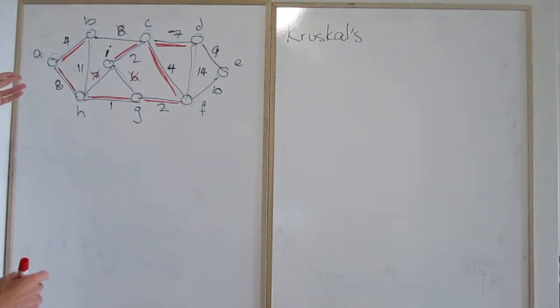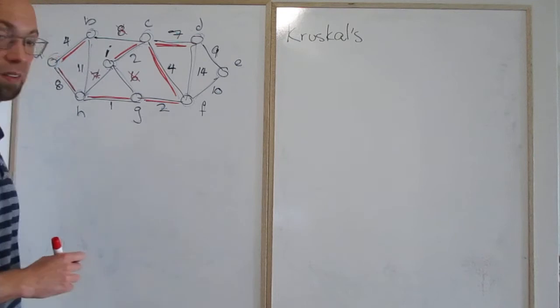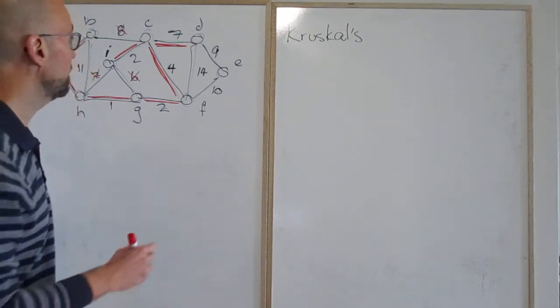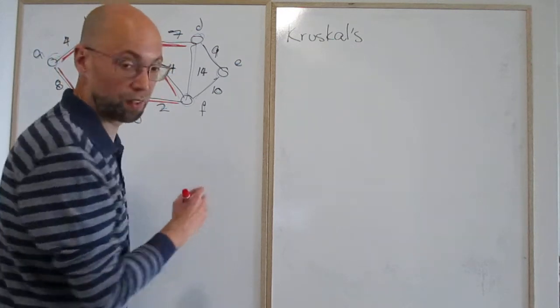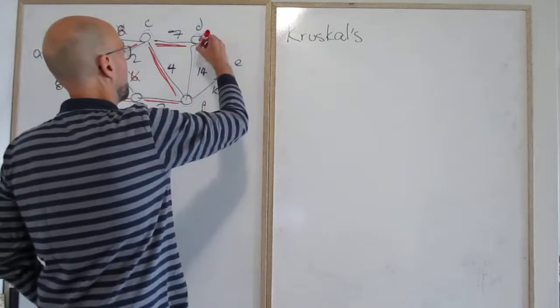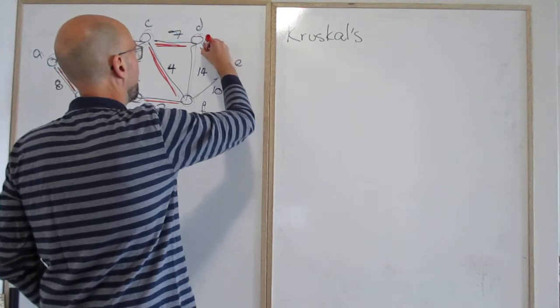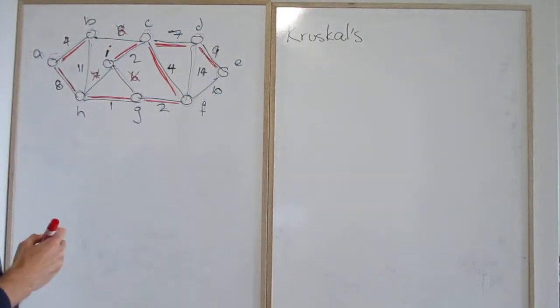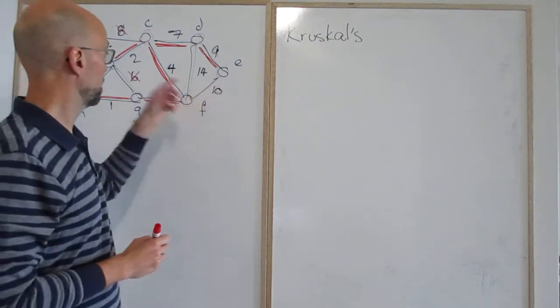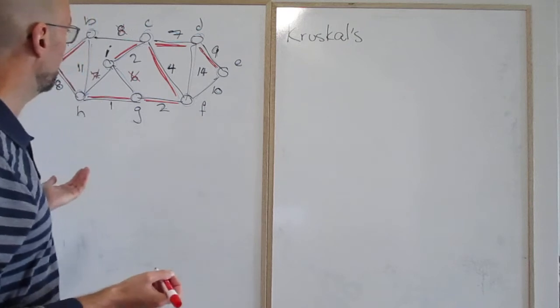Now what? There is nothing else with it. Okay, weight 9, D to E. Does it create a cycle? No, okay. We add it. Okay, now 10. 10 is E to F. Does it create a cycle?